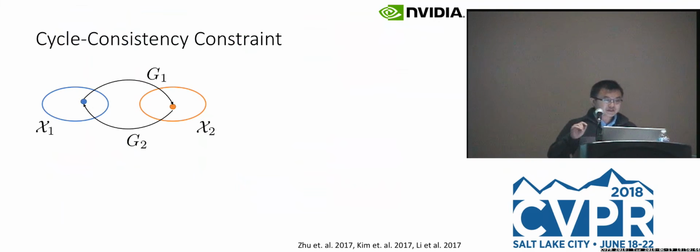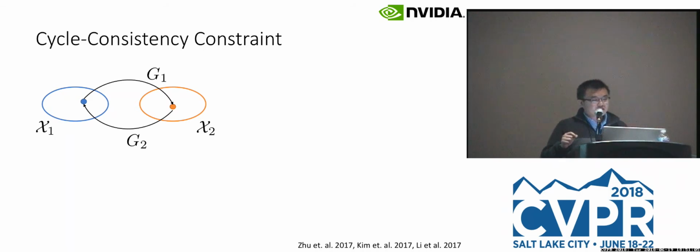So one of the most powerful constraints is the cycle consistency constraint. I think in the morning, Taesung gave a great talk on this topic. So the idea is you have two spaces. X1 is the domain A images, X2 is the domain B images.